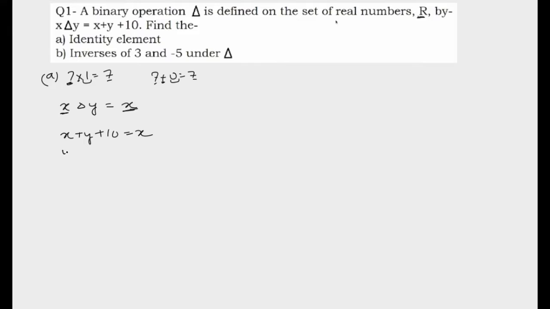If I isolate y here, it becomes x minus x minus 10. They cancel out, and that's why we get y equal to negative 10. So negative 10 is the identity element which will not make any difference to the other part. If I even write x equal to minus 10, that is also right. So you will get y as y and x as x if any one of them is minus 10.